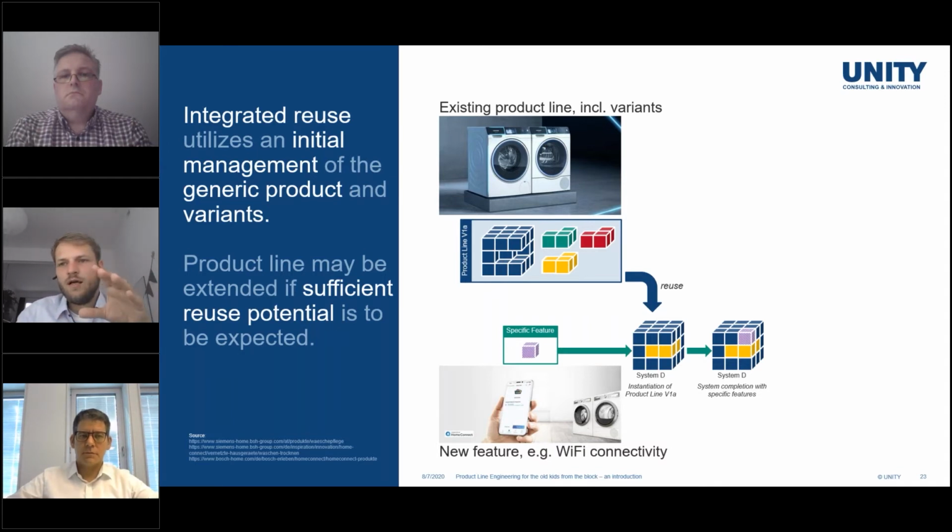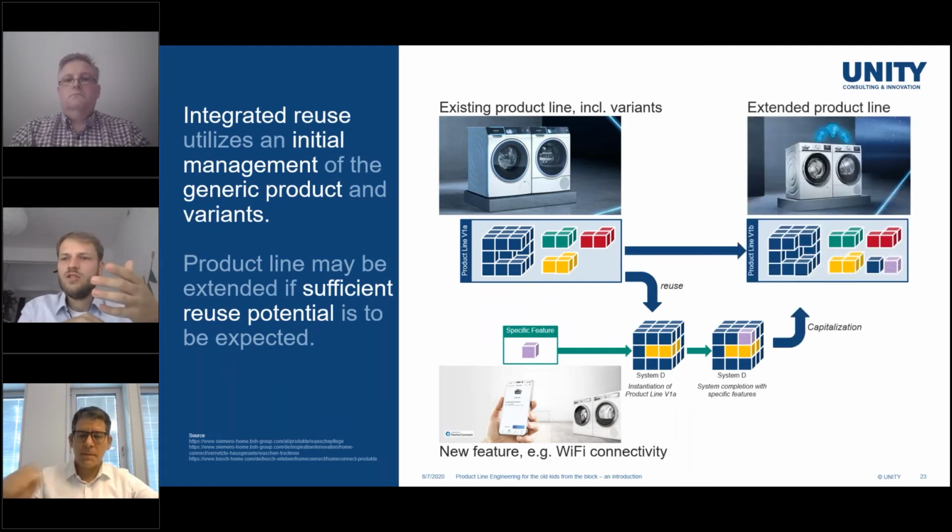Afterwards, you will have to make a decision as an organization, because potentially you identify that the Wi-Fi connectivity module has such sufficient reuse potential that you might want to integrate it into your product line. But of course, you do that with a trade-off analysis, because you don't want to make your product line very complex, since then your management overhead costs also increase.